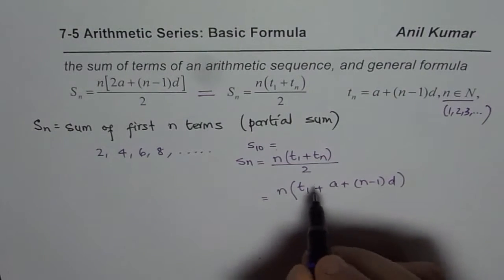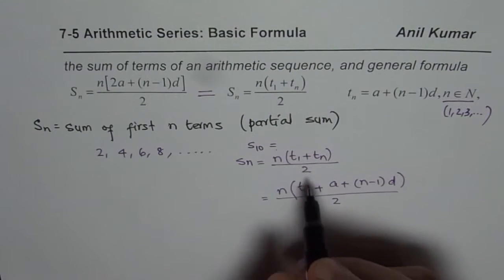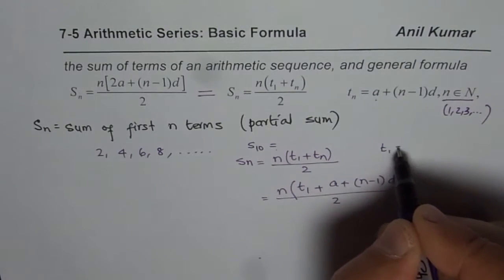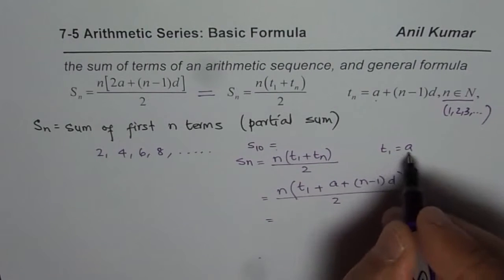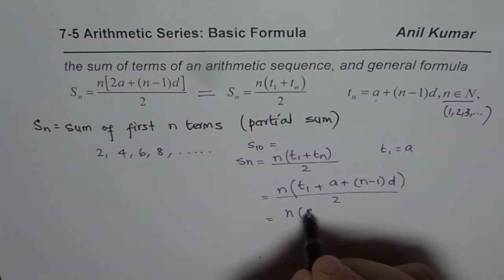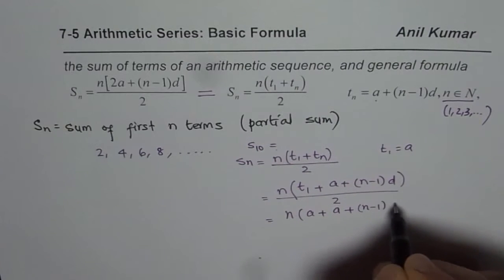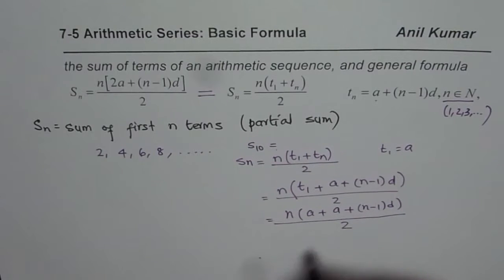Is it okay? So I've just replaced tn with this term. Now what is t1? Well, t1 is actually the first term. First term is a, right? So let me write t1 as a. What do we get? So we get n times a plus a plus n minus 1 times d, divided by 2, right?